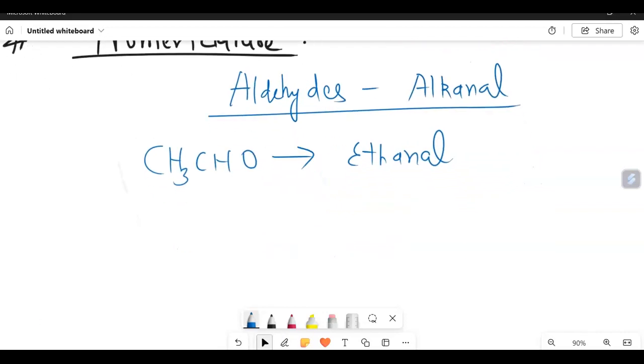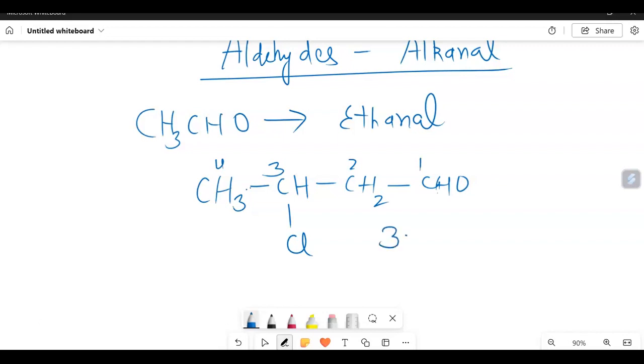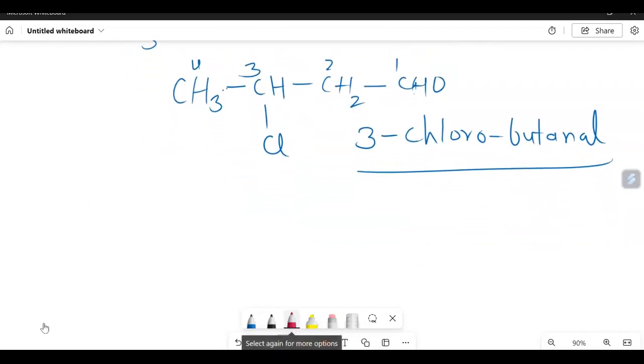If I am writing something different, for example, CH3CH Cl CH2 CHO, what is its name? So it is 1, 2, 3, 4. So it will be 3 chloro butanal. 3 chlorobutanal.